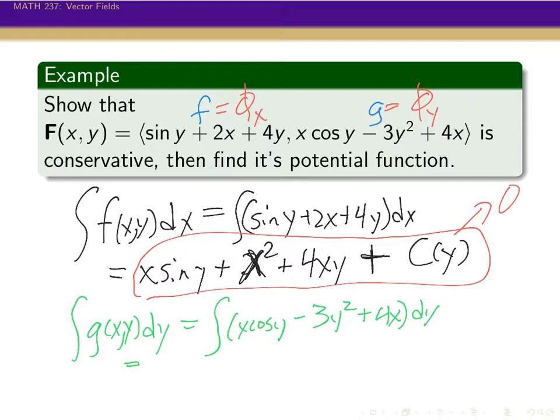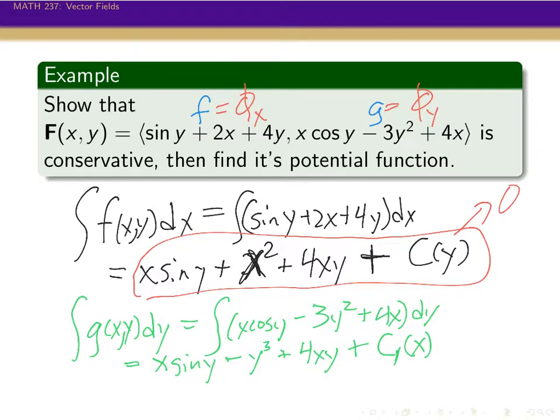The integral of cosine y is sine y. Minus 3y squared becomes y cubed. Plus the integral of 4x in terms of y is going to be 4xy. And then at the end of this, I'd have a constant. But for the same reason I have a constant in terms of y for the first one, I'm going to have another constant. Let's call it c1, and this is going to be a function just of x.